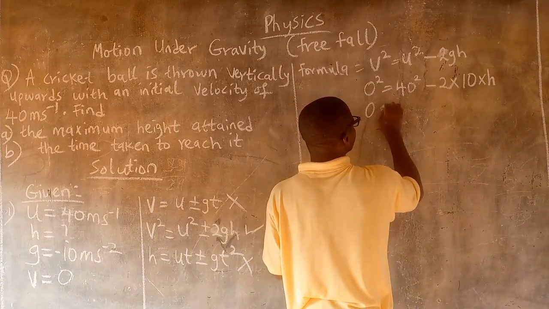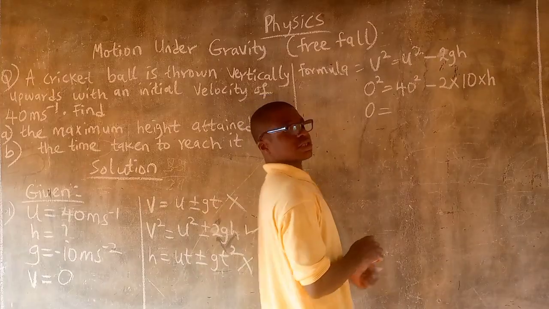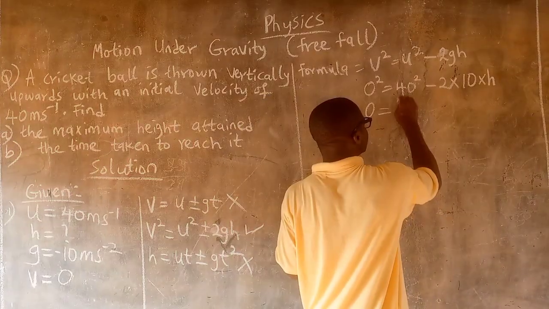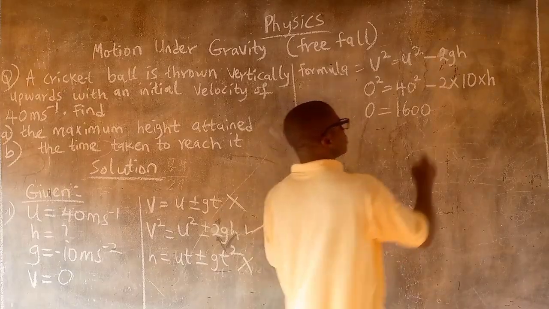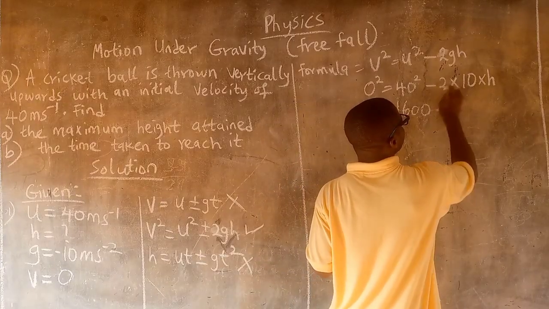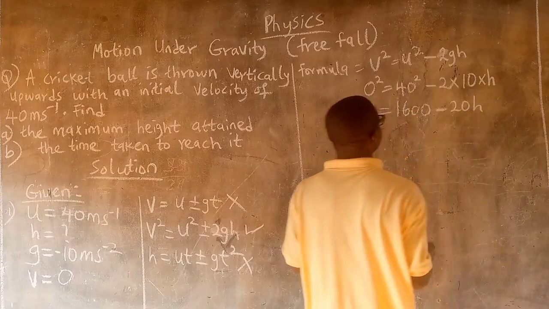So 0 squared is 0. 0 equals 40 squared, which is 40 times 40, which is 1600, minus 2 times 10, which is 20, then h.